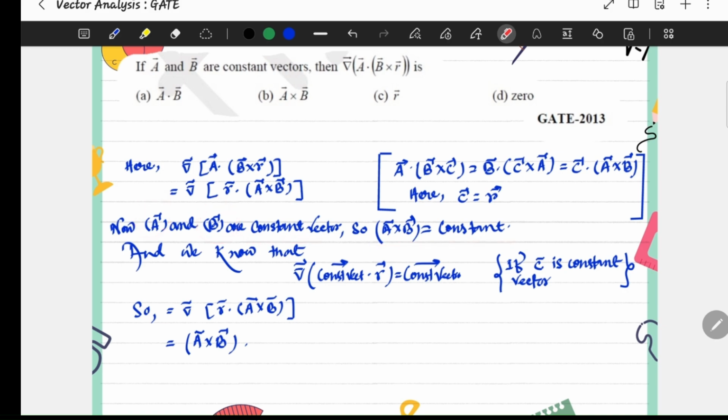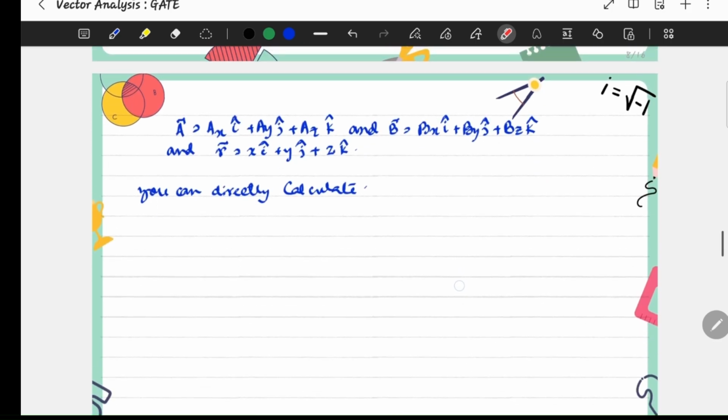And what we know is that in grad, if a constant is multiplied with any vector, it will give you the constant vector. अंडरस्टैंड? So what is constant here? a cross b. So grad of r dot a cross b will give you a cross b. This is the right answer. You can directly calculate; this is the second method.